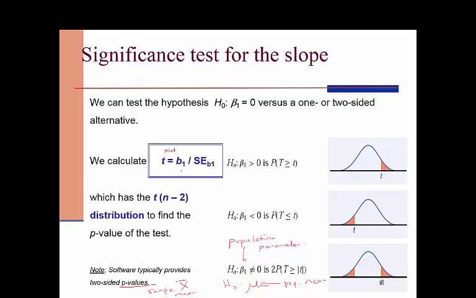Similarly here, B1 is the sample gradient, or the gradient of the sample, right? And here beta 1 is the population gradient. So we write it in terms of that. We never know the actual value of that, but we write it in terms of that.